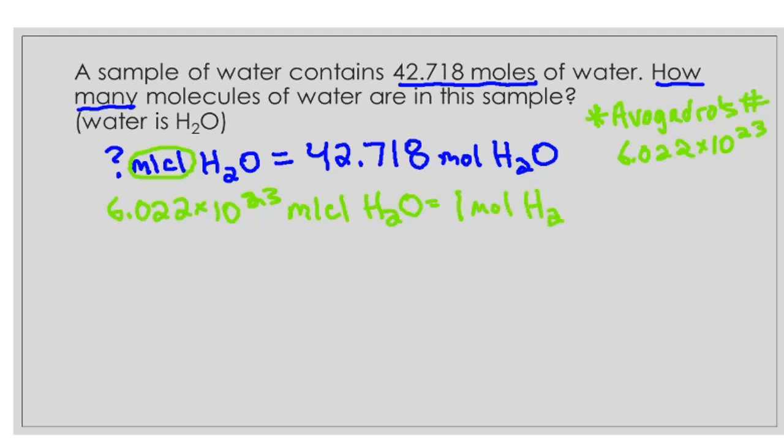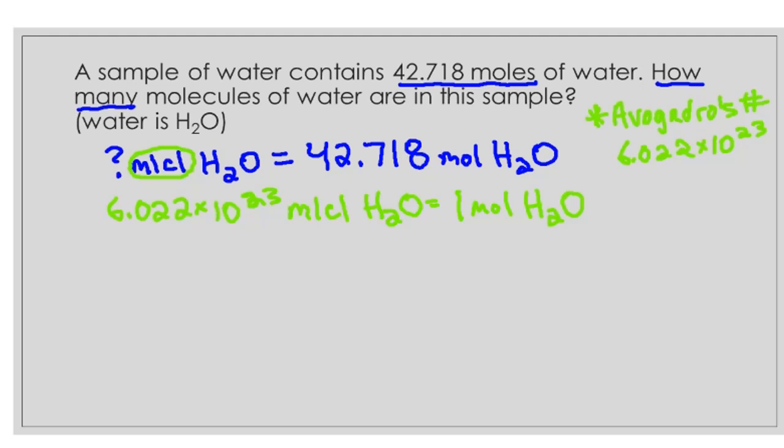And it's that simple. See how in these past 3 examples, regardless if you have atoms or ions or molecules, it's all going to be the same. It's all going to be 6.022 times 10 to the 23rd atoms, ions, or molecules of the substance, in this case water. They all equal 1 mole of that substance.